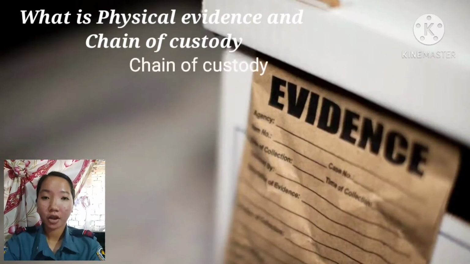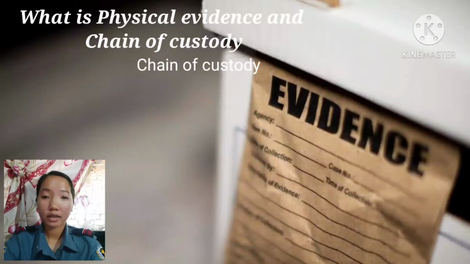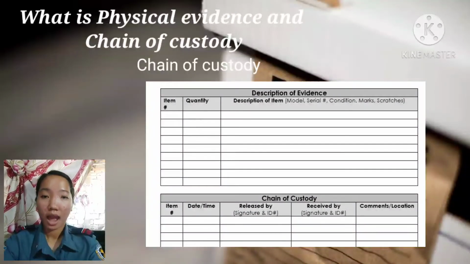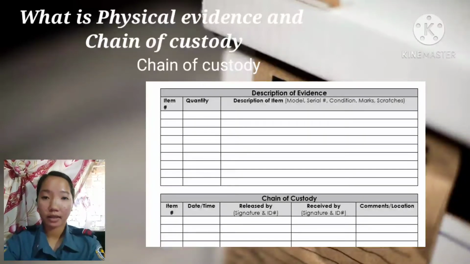And sa chain of custody naman, it refers to the order in which the items of evidence have been handled during the investigation of a case. Ito ay ang pruweba na yung item ay properly handled.